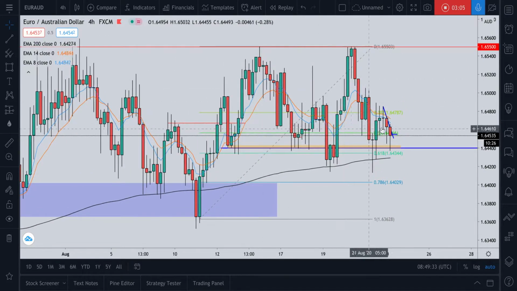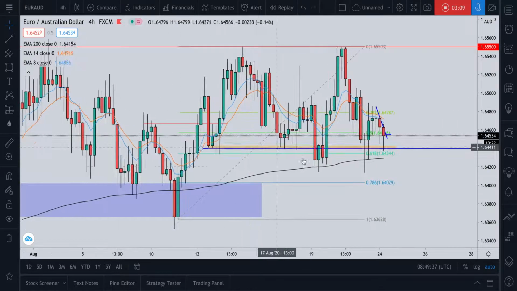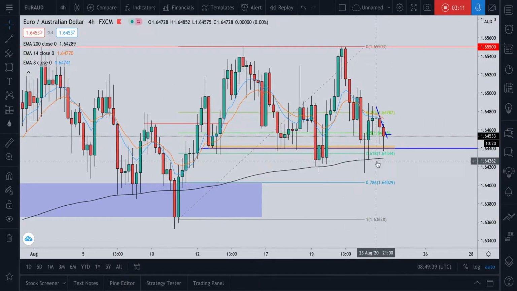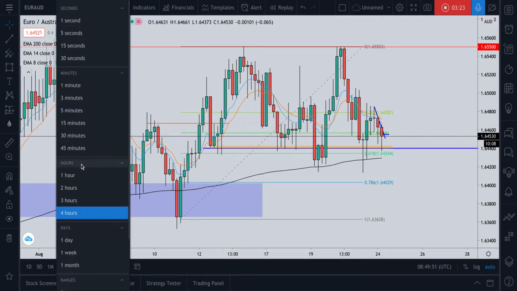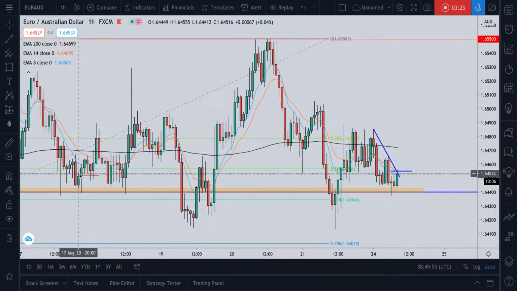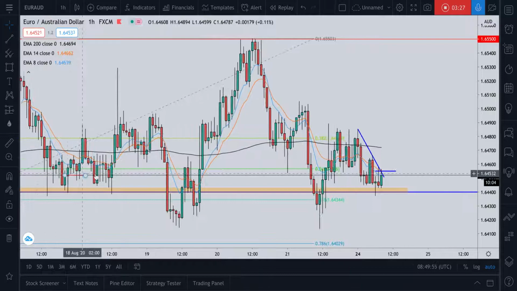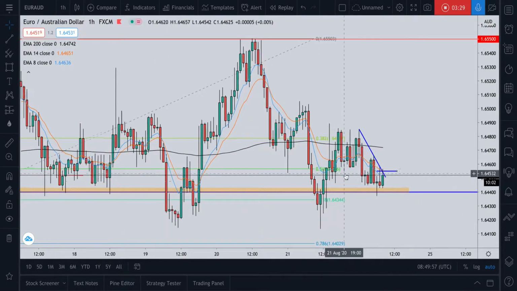We're in a consolidation around here, but you already see break of structure here, and we have different confirmations like the 200 EMA acting as dynamic support and resistance. We have this psychological level, Fibonacci sequence respecting the 61.8. That's super key. So when you look at the 1 hour time frame, we indicated this supply zone here.